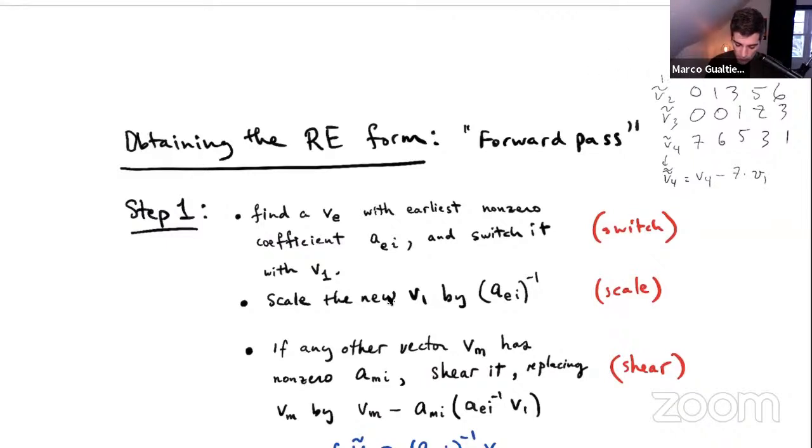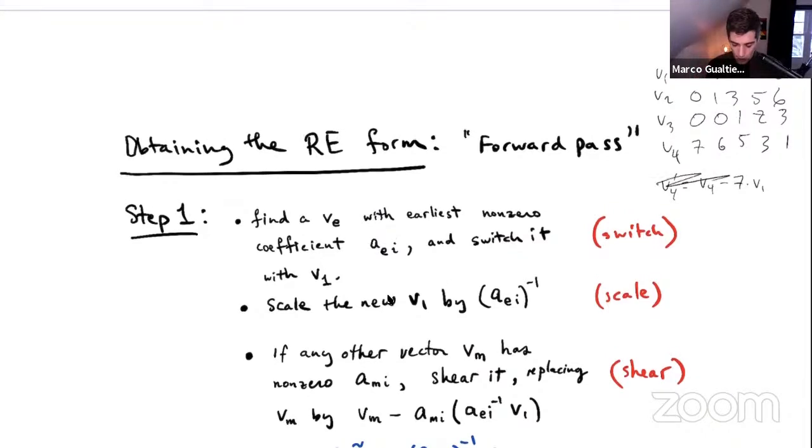Let me just relabel these as V1, V2, V3, V4. And my new V4 is going to be V4 minus 7 times V1. That's a shear. I'm using V1 to modify V4, but I'm leaving V1 alone. I don't do anything to V1. So what happens when I do that?